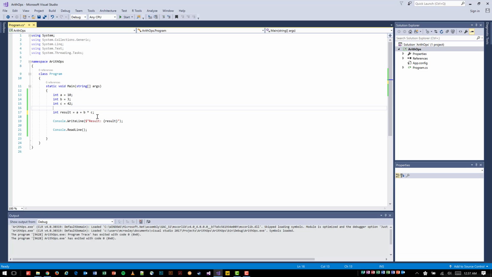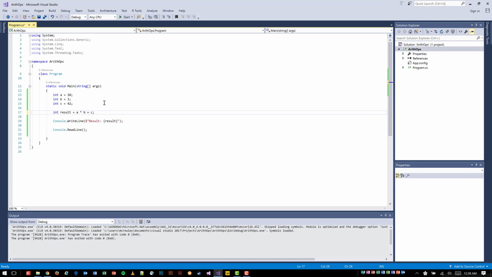Well, what's evaluated first is b times c, so we would do 3 times 42 plus a, which is 10. That would yield a different result if we obviously multiplied a times b plus c. That would mean a times b is evaluated first, and that value is then added to c.